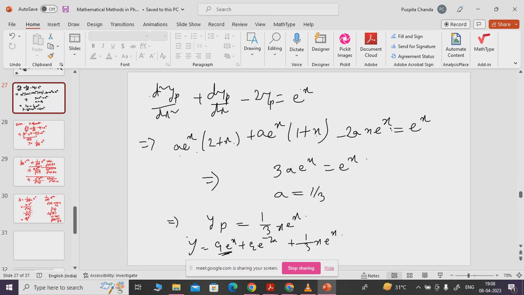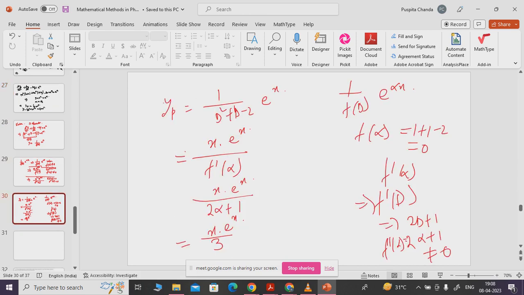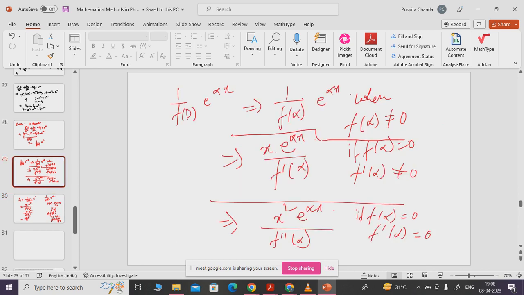See, we have already obtained this term, 1 by 3 x e to the power x. So in this method, you see that when f dash alpha is also 0, we need x square e to the power alpha x. When will f dash alpha be equal to 0? When c is equal to a is equal to b.